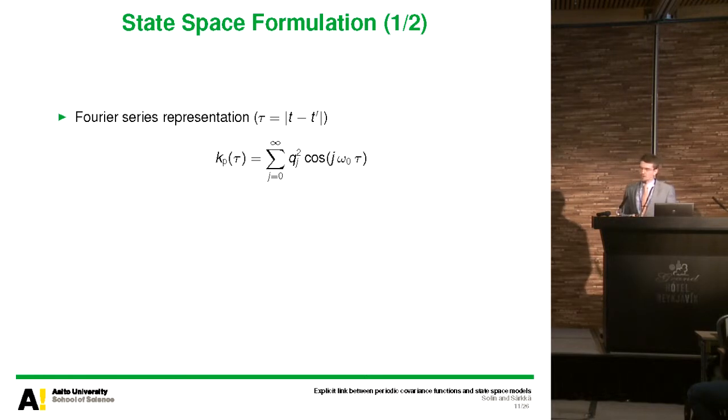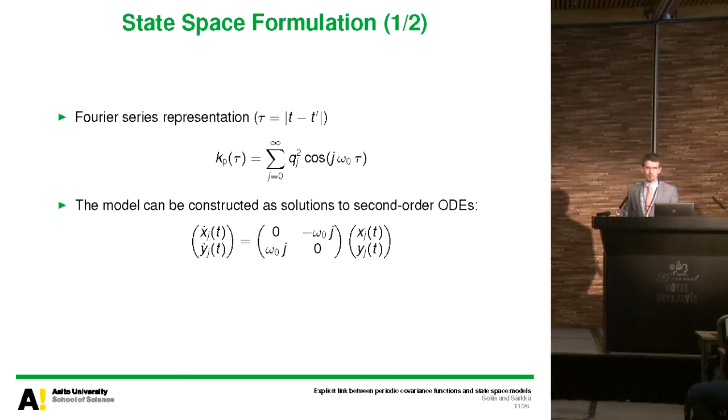We consider a Fourier series representation of the covariance. And because the covariance function is symmetric and periodic, it has a very nice formulation in terms of Fourier series. It's an infinite series of cosines with some coefficients q_j squared.